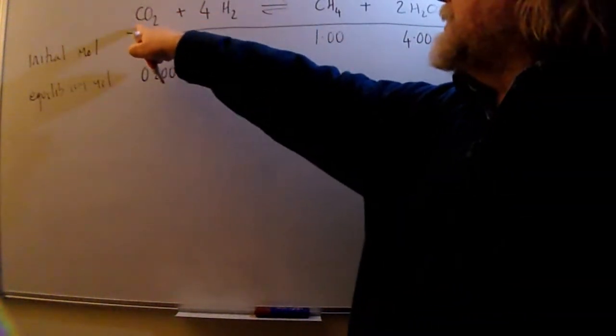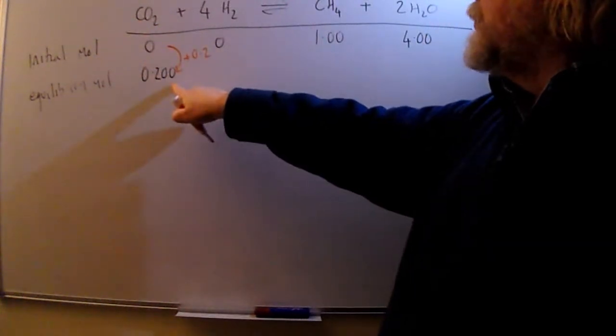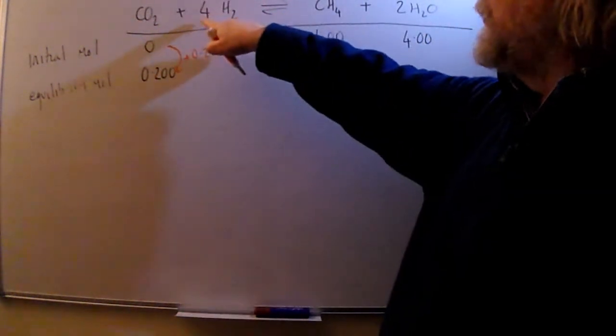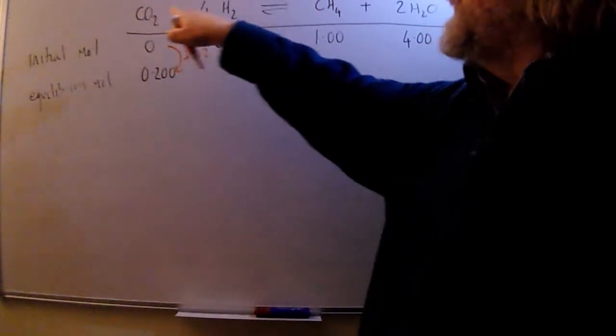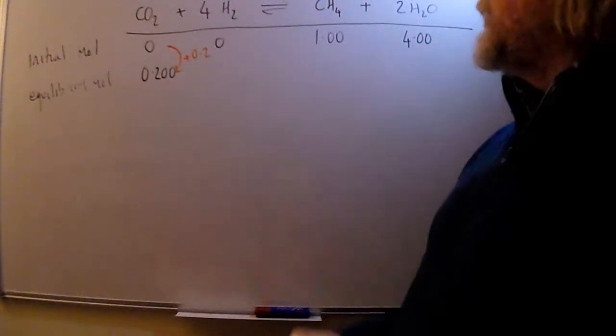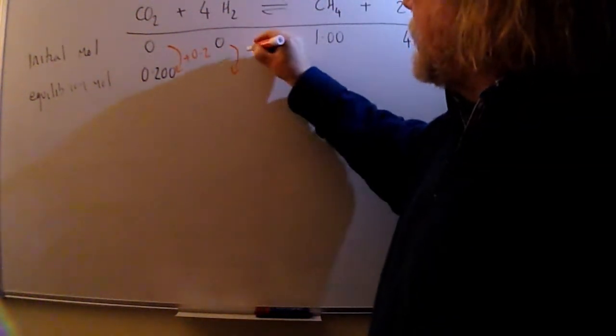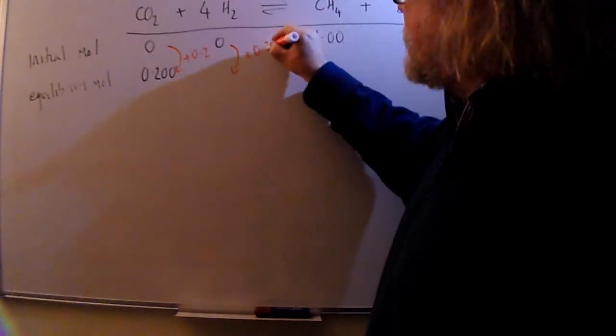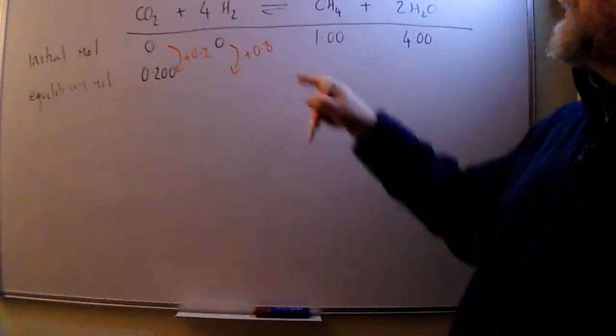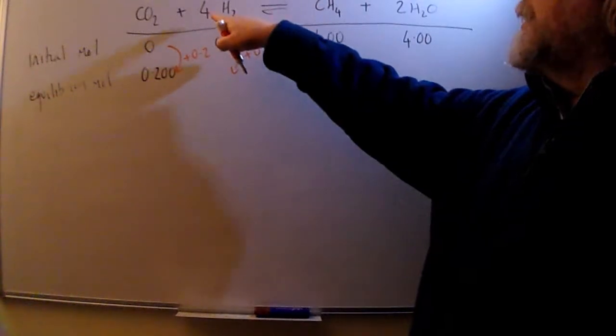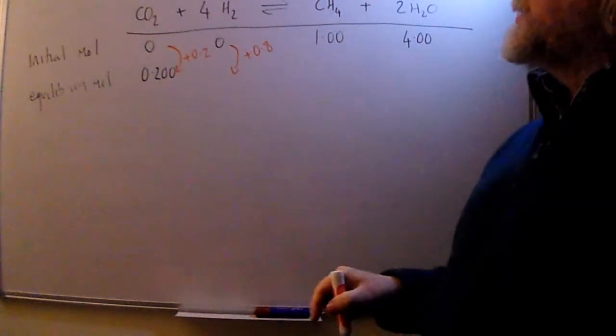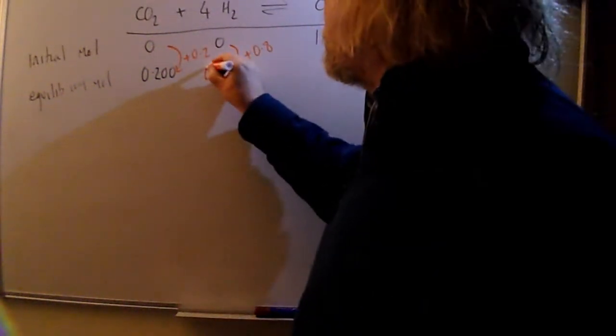And so specifically it says that if this one goes up by 0.2, this one will go up 4 times as much, because one of these is produced at the same time as 4 hydrogens. So this will go up by 0.8, because it's going up by 4 times as much as the CO2. So that will go to 0.800.